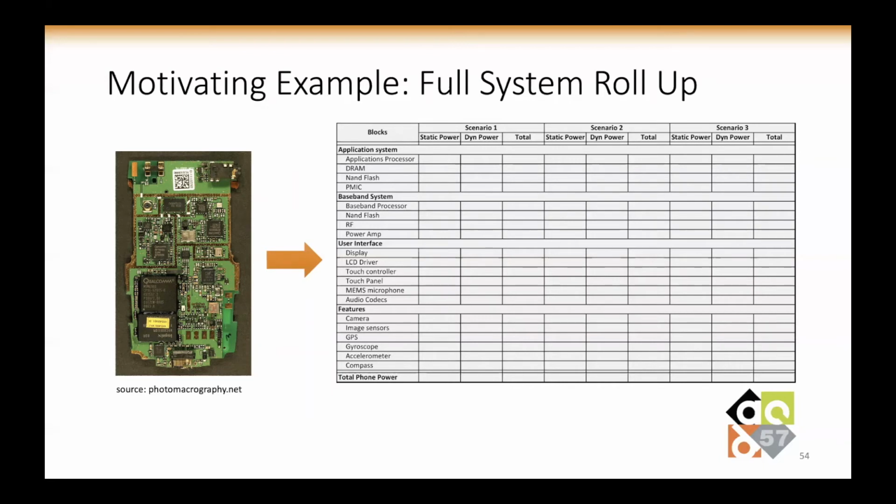As an architect, I need a more effective power roll-up than this. I need accurate, reliable results without requiring too much modeling effort to make efficient trade-offs. Spreadsheets can be accurate, but they're often unreliable, and they require way too much effort to support. I need something better.